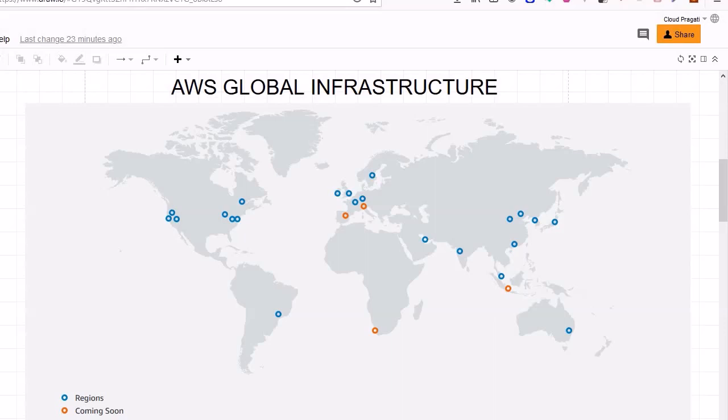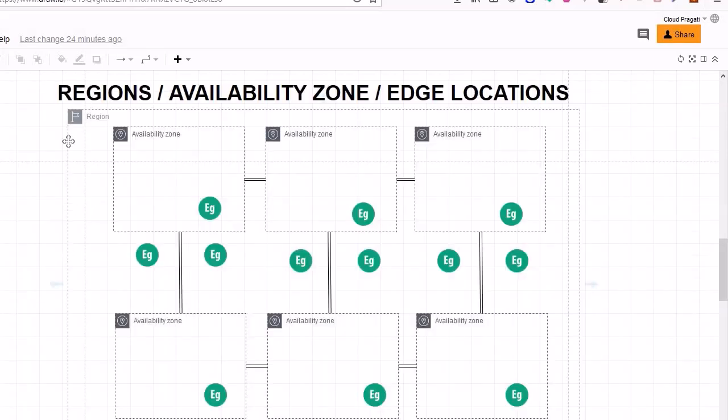Availability zones are designed for physical redundancy and provide resilience, which enables uninterrupted performance even in the event of power outage, internet downtime, floods, and any natural disasters. So let's zoom into the diagram. Here you will find that this region has 6 availability zones, and this is a representation of the North Virginia region of Amazon AWS cloud.